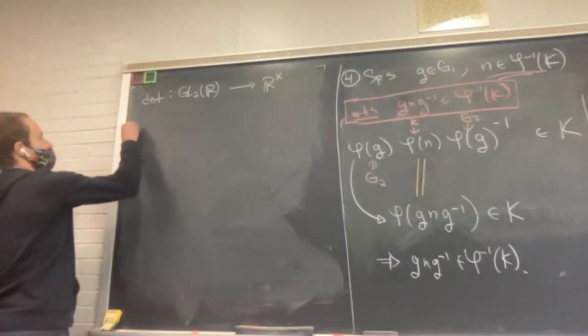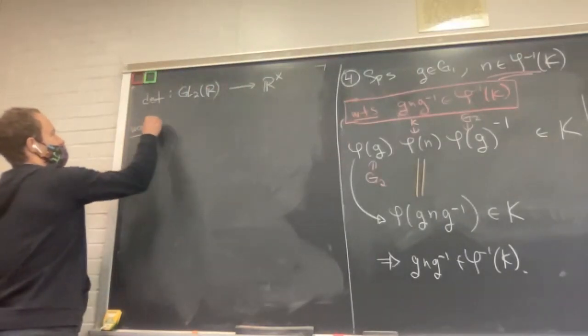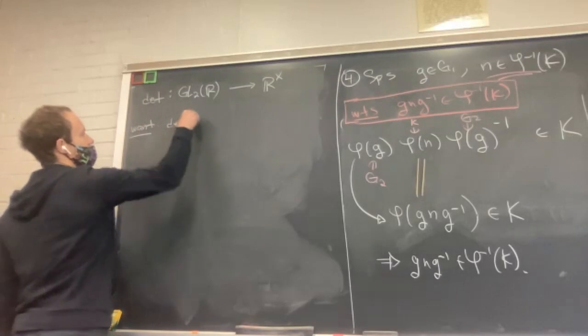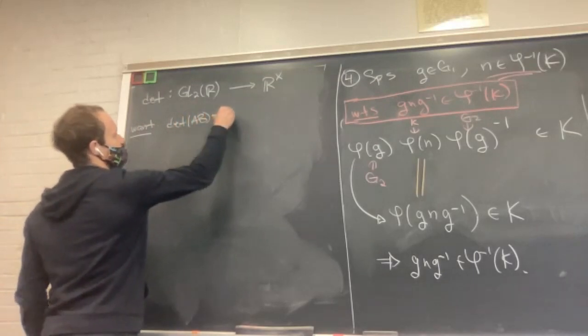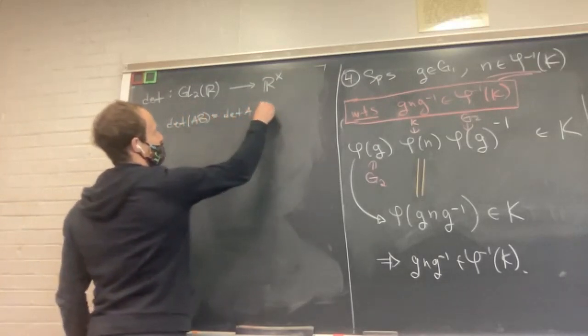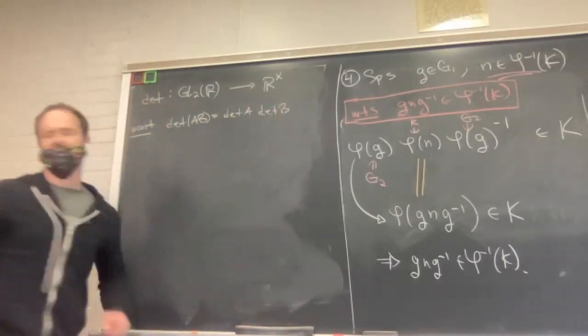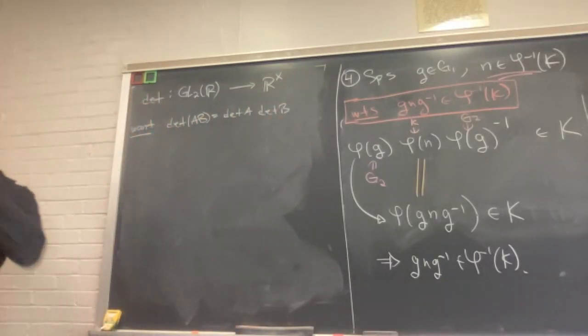So what we want is that the determinant of AB is equal to the determinant of A times the determinant of B. This formula should be somewhat familiar from linear algebra: the determinant is multiplicative. You can prove it in general for an n by n matrix, but for a 2 by 2 matrix, I think the best way is a sufficiently general example calculation.